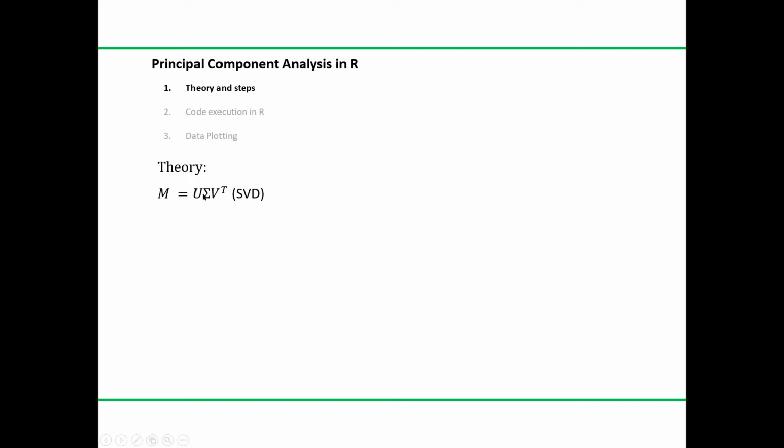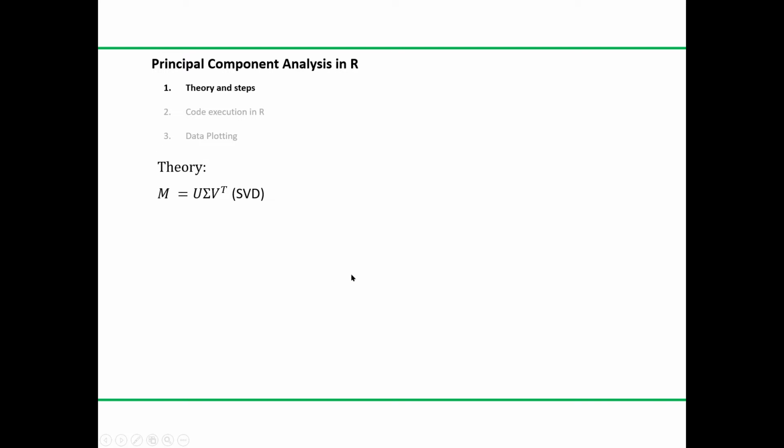And in the middle is a rectangular diagonal matrix, you can say orthogonal matrix, sigma. If you multiply these three matrices together, then you will have M, that means a matrix. That is your singular value decomposition.